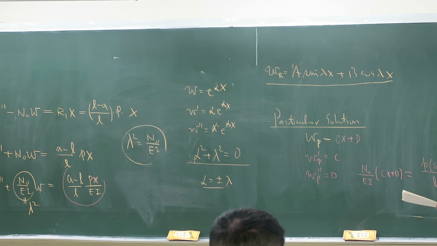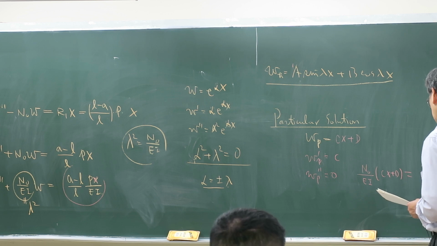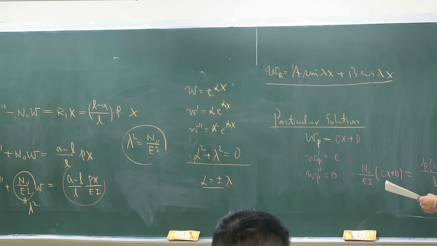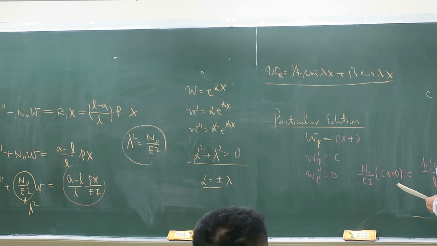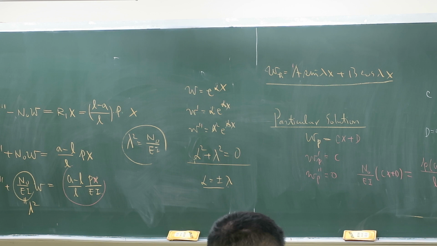So from here, I can find N0 C over EI equal to P (A minus L) over EI L, right? And D equal to 0. And so C equal to P (A minus L) over N0 L. Right.